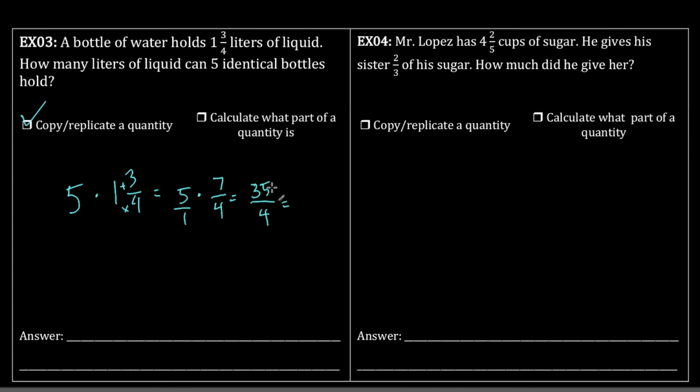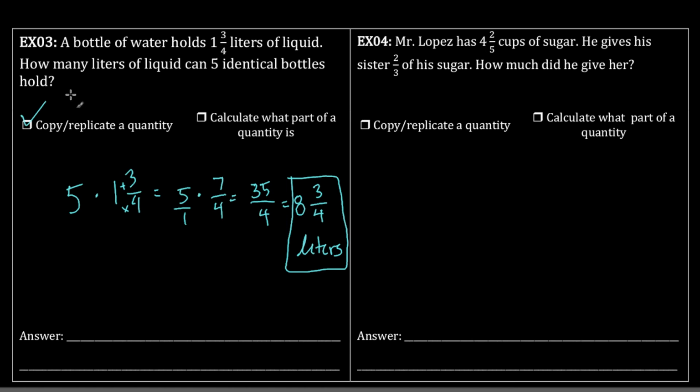4 goes into 35 how many times? It's not 10. What about 9? No, 8 times, because that's 32. And then there are 3 left over out of 4. And we're talking about liters. Remember to always put your units. If you don't put your units of measurement, you won't receive credit. So how many liters of liquid can 5 identical bottles hold?